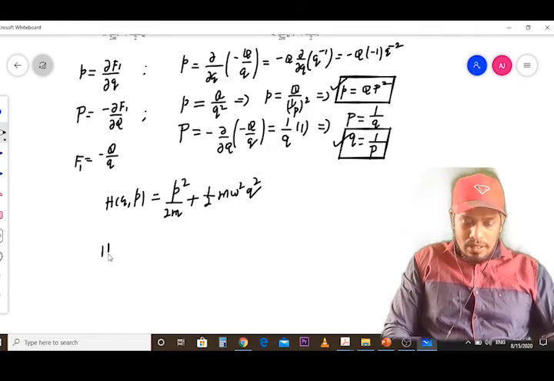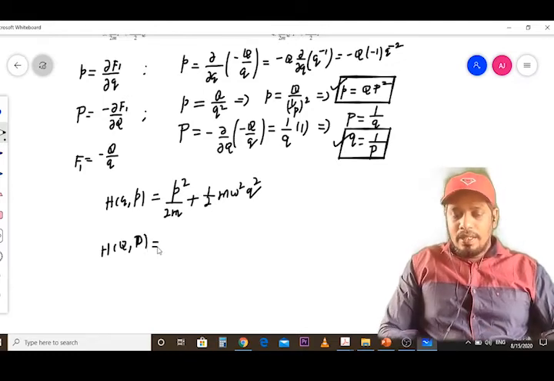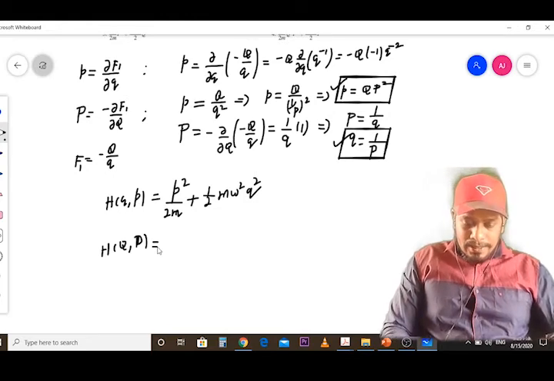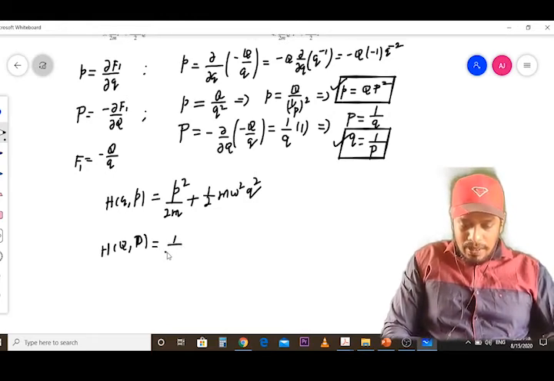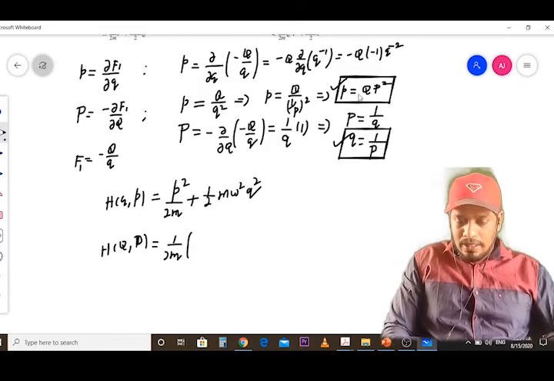What is the Hamiltonian of the system in terms of the new coordinates after the canonical transformation? It is 1 by 2m times small p square, where small p is capital Q capital P square, whole square. This is small p square.